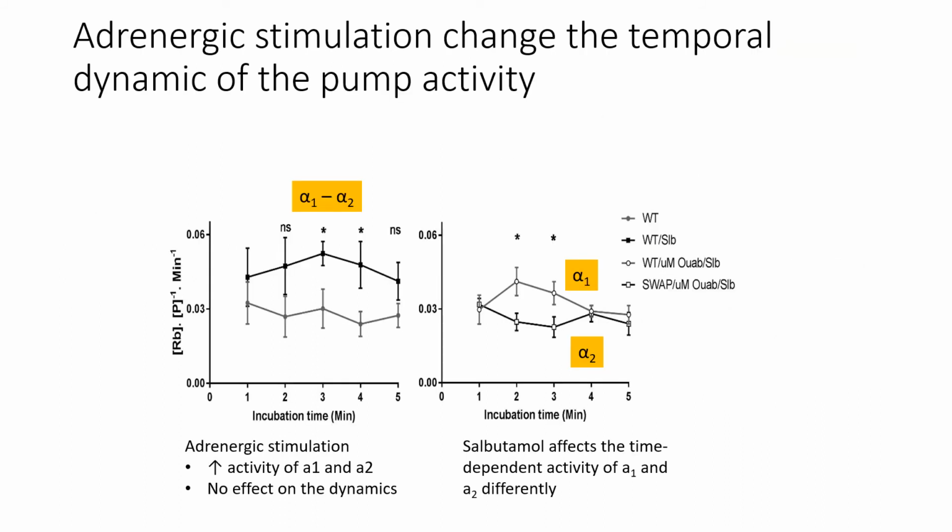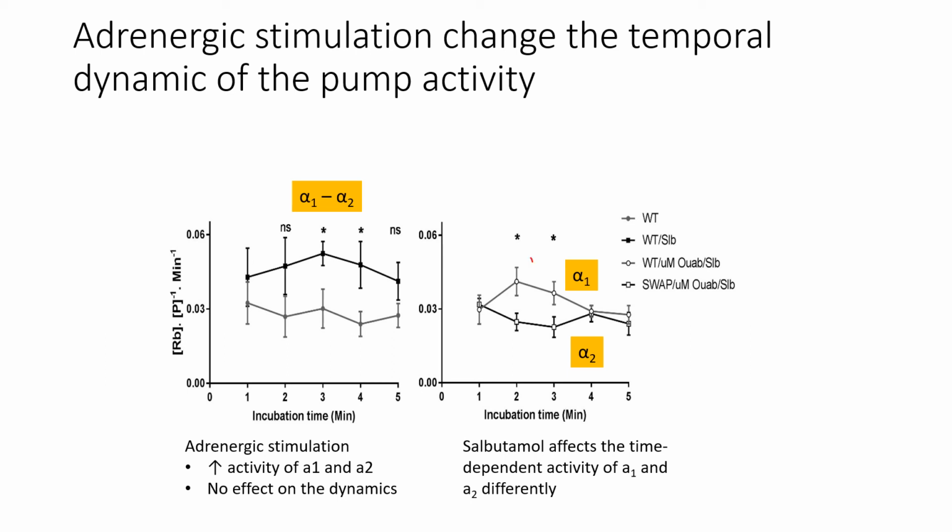Another interesting effect of adrenergic stimulation studied in this project is that it changed the temporal dynamic of pump activity. Here we have time versus the activity of pump after adrenergic stimulation. In panel B, you see that salbutamol affects the time-dependent activity of alpha 1 and alpha 2 differently.